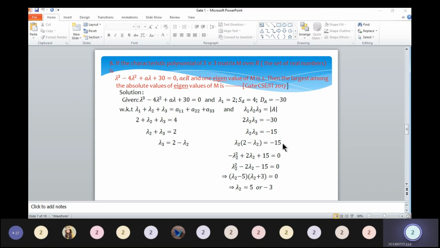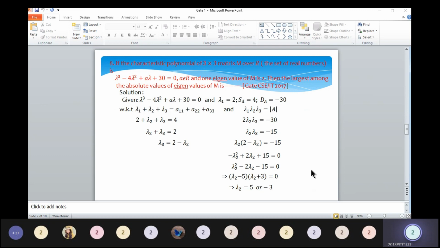Substituting lambda 3 here, I get 2 lambda 2 minus lambda 2 square equal to minus 15. Minus 15 comes to this side as plus 15, multiplying by minus 1 on both sides, you get lambda 2 square minus 2 lambda 2 minus 15 equal to 0.